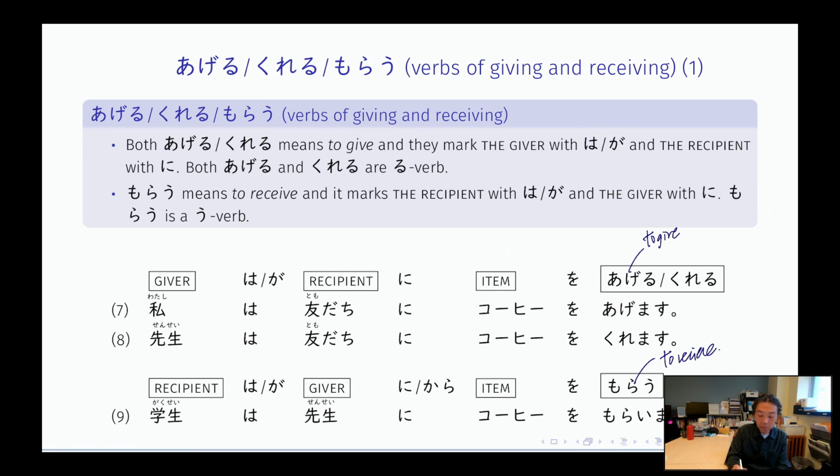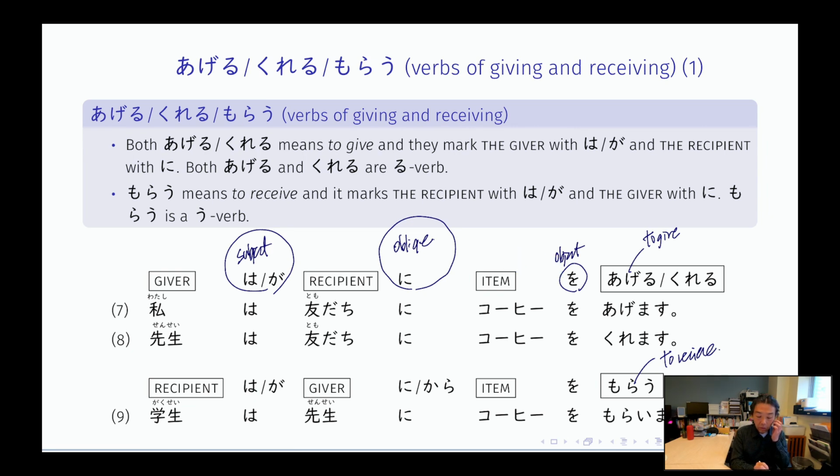So when you say to give, the subject, in this case the giver, is marked with wa or ga, the oblique case, which is the second participant, is marked with ni, and then finally the item is marked with the object marker, which is o.